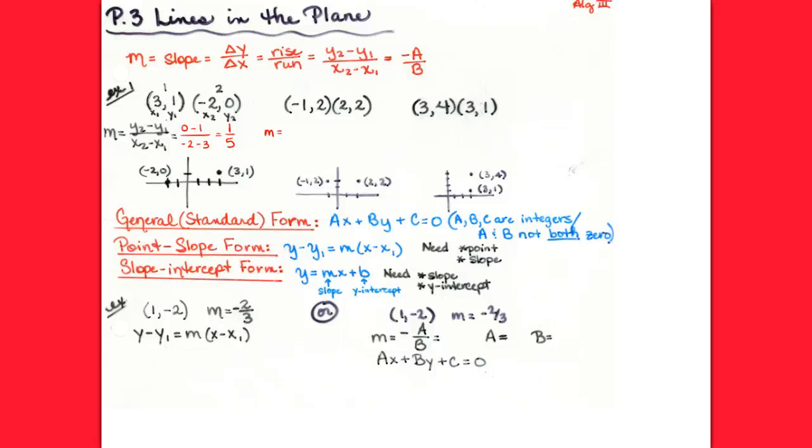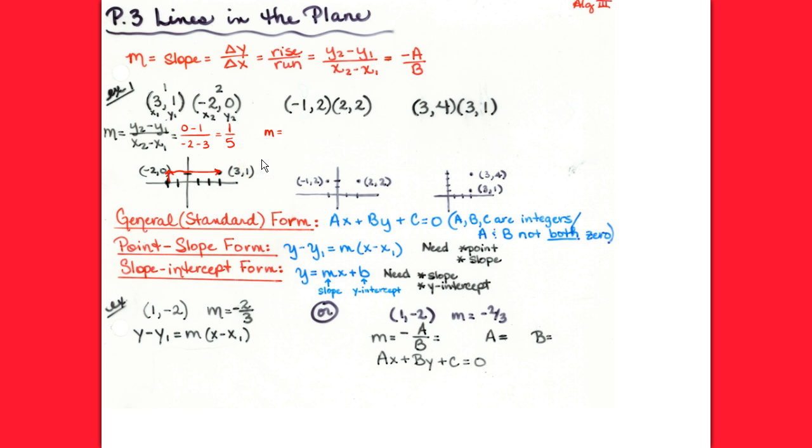1/5. Look at those 2 points that we have plotted down here, those same 2 points, negative 2, 0, and 3, 1. If we start at negative 2, 0, and we rise a positive 1, and we run a positive 5, we get to the next point. And we could continue that same thing. We could start here at 3, 1, and we could rise 1 and run 5, and that would put us at the next point on the line.